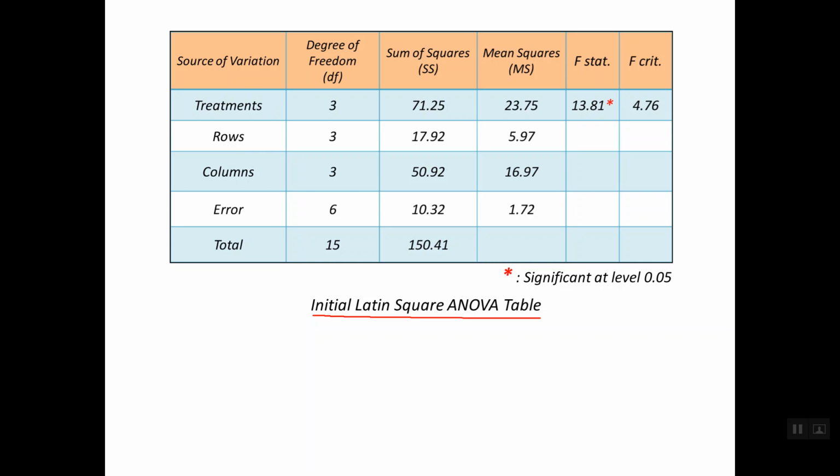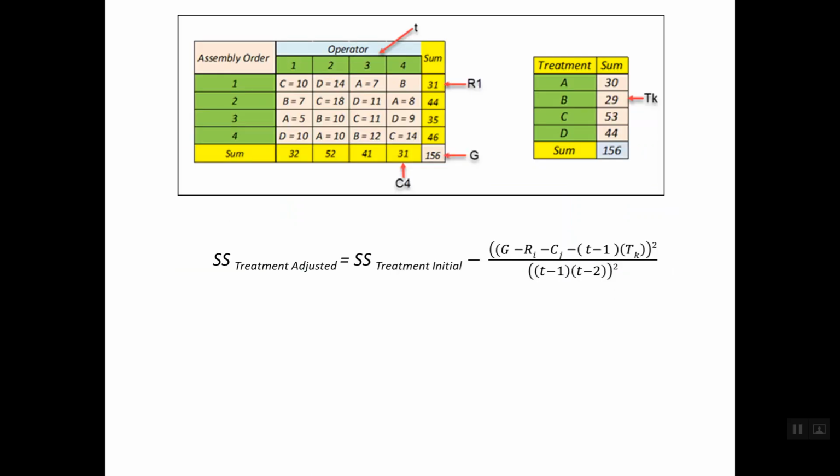If you check for the significance, we see that the value of the F statistic is greater than the F critical, so we have a significance here, but we are not interested in this table. This is the initial one. So we need to make some adjustment or correction.